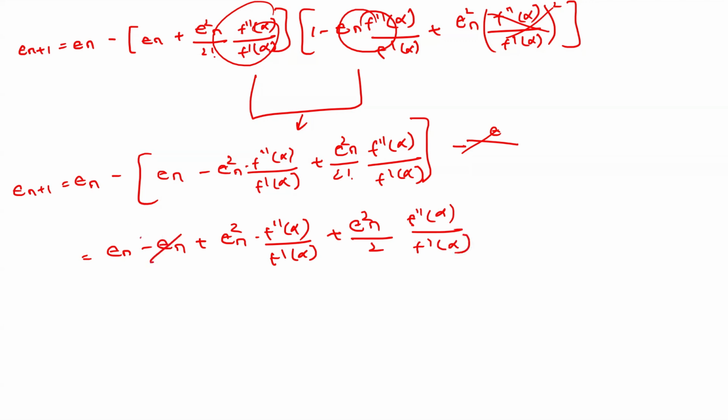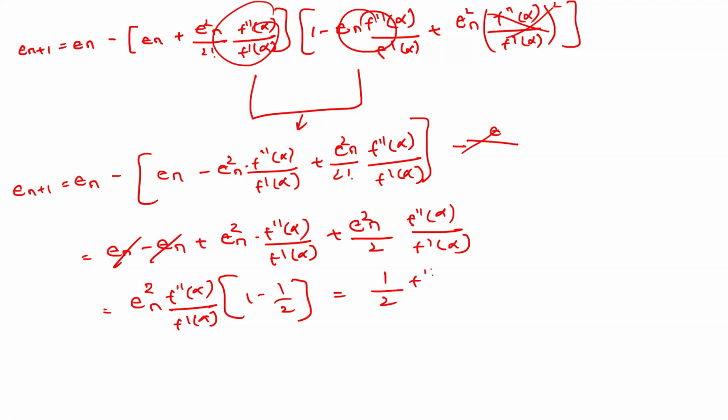Here en gets cancelled. Now take en square common: f double dash of alpha by f dash of alpha into 1 minus 1 by 2, which is 1 by 2 into f double dash of alpha by f dash of alpha into e square n.